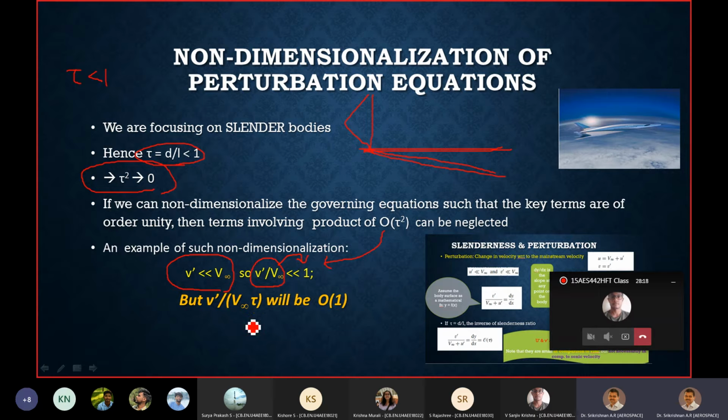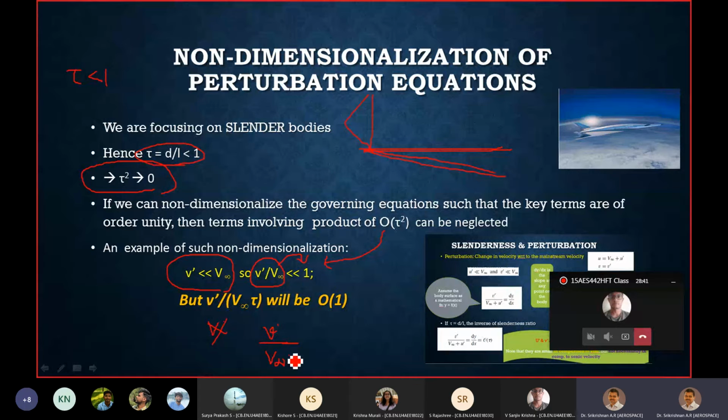Now, what if I multiply the denominator by tau? v dash divided by v infinity is smaller than 1, that's what we see here.